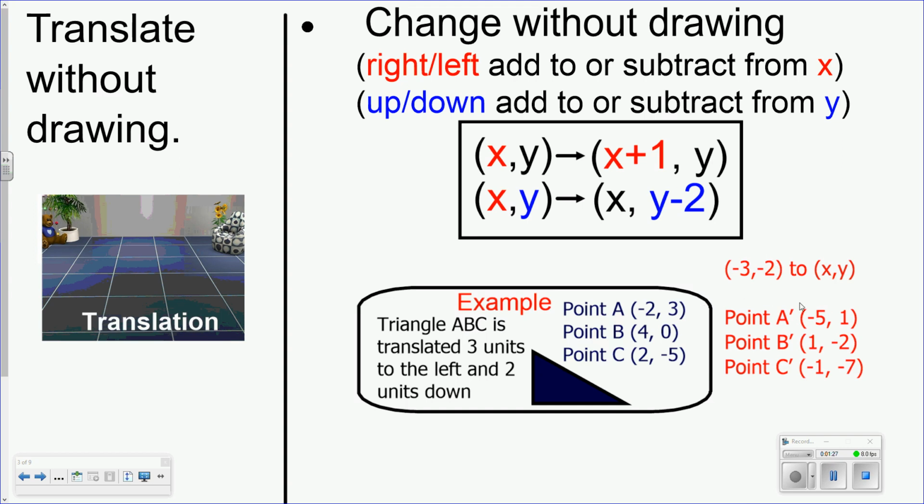Point A: -2 minus 3 is -5, and 3 minus 2 is 1. B: 4 minus 3 is 1, 0 minus 2 is -2. C: 2 minus 3 is -1, and -5 minus 2 is -7. These would be the points for my new translated triangle.